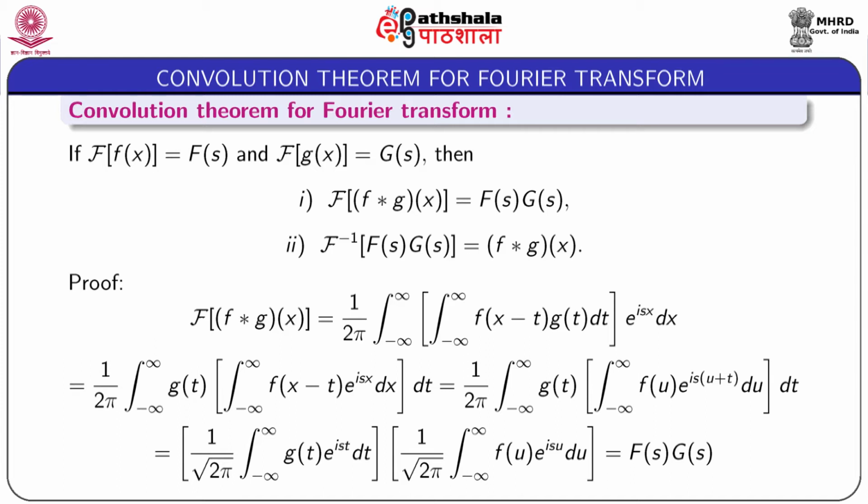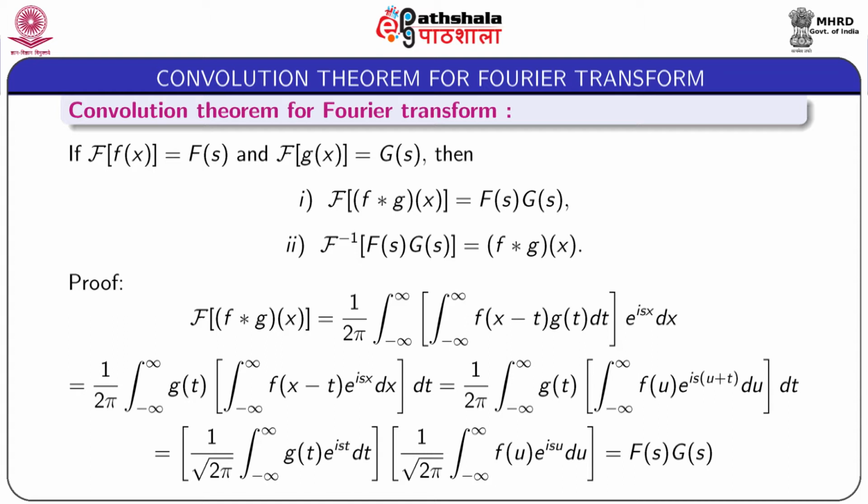If the Fourier transform of small f(x) is capital F(s) and Fourier transform of small g(x) is capital G(s), then number 1, Fourier transform of f star g, that means Fourier transform of convolution of small f and g, is equal to product of capital F(s) and capital G(s).